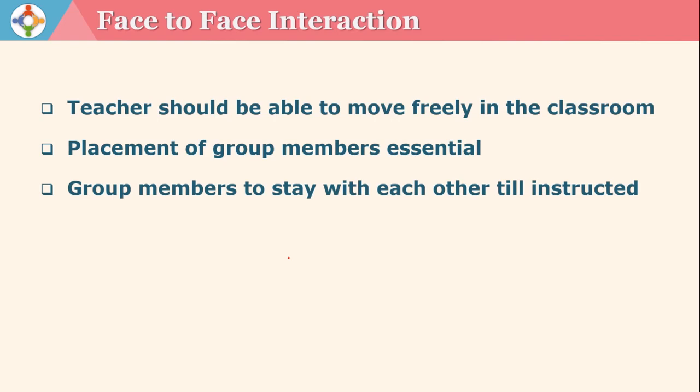So the classroom setting should be such that if the students are sitting in groups, they are placed so that they can face each other easily, and even the teacher can move easily in the classroom and go to the groups. Then there is essential placement of group members, which means group members stay with each other until instructed. Till the goals are achieved, the groups will remain together.